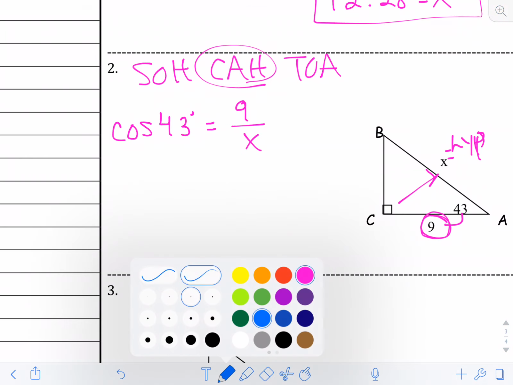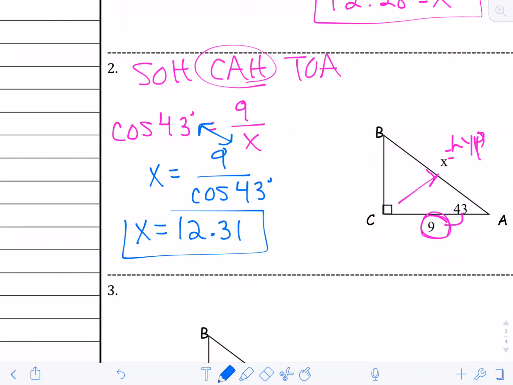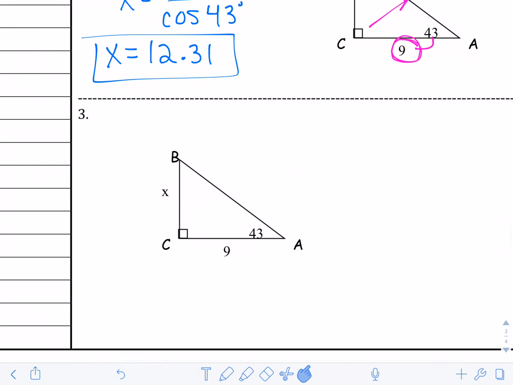Okay, anytime you have x in the denominator, all you have to do is flip-flop these two. So you'll get x is equal to 9 divided by cosine of 43 degrees. Again, make sure your calculator is in degree mode. When you type this in, you should get 12.31. If you do not get these answers and you're still having trouble, come see me and I can help you with that. All right, so that's the length of your hypotenuse.